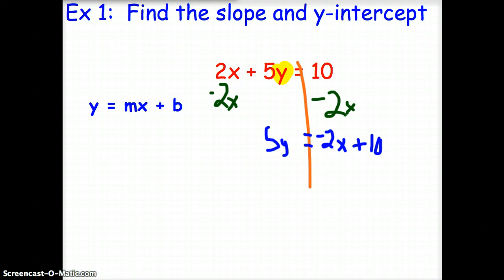Now we still haven't completely gotten y by itself. So our next step is to undo that multiplication and division. So I'm going to divide each part by 5 on both sides. 5 divided by 5 is 1, so I'm left with y on the left. On the right, negative 2x over 5, I can just simplify that to negative 2/5 x.